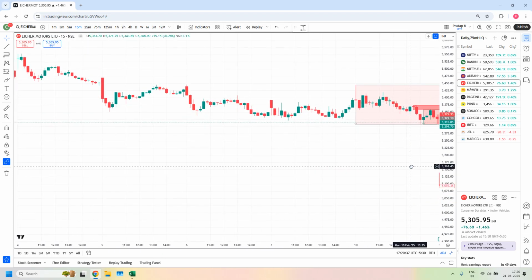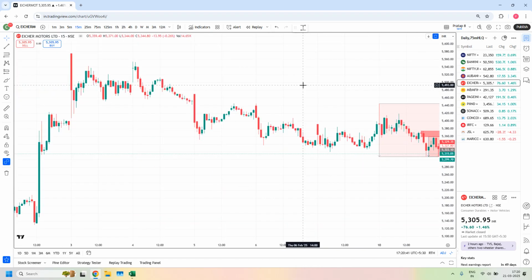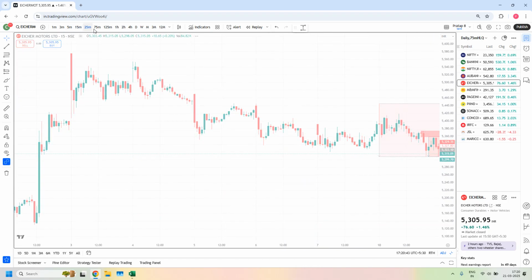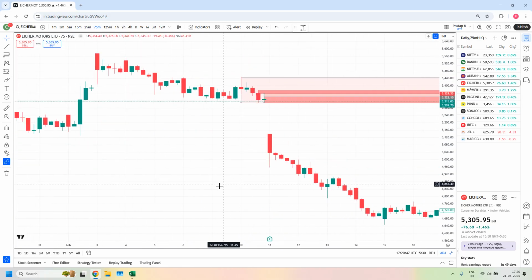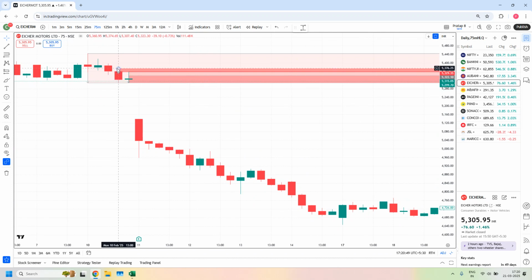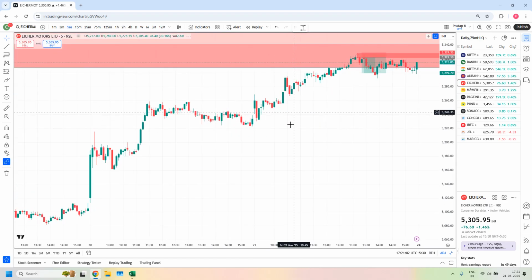And inside this 15-minute zone, we have a 75-minute zone. Where is the 75? This whole thing, drop-based drop. And this drop-based drop is inside the daily zone. So that's why this 5-minute zone is a fine-tuned zone.